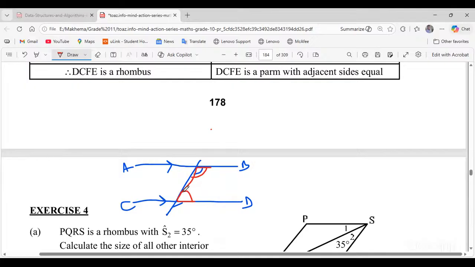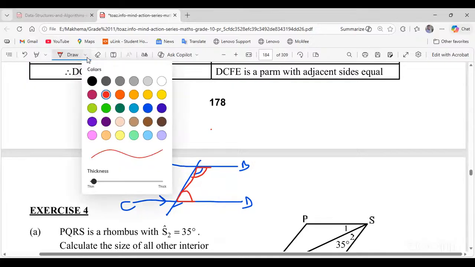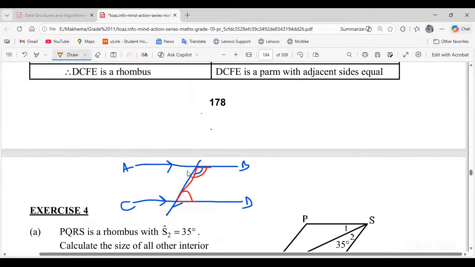And then we have the third one, where this one here is equal to that one. They form something like a Z. The reason is alternate angles. Then you state your parallel lines, that AB is parallel to CD.